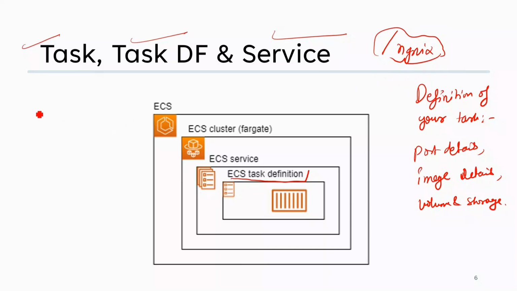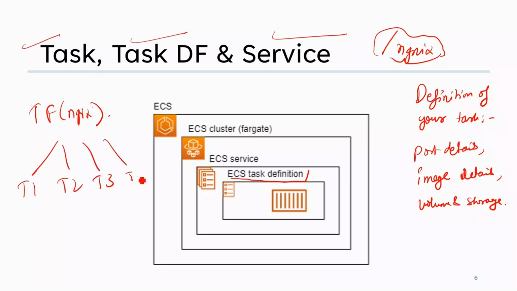Like there is a task definition for Nginx, and you can run task 1, task 2, task 3, or n number of tasks under the task definition. So you can just compare tasks to containers, right? A Docker image will be running inside a container inside a task. So that's all it means. Don't get confused about it. You create a task definition and then you create a task.